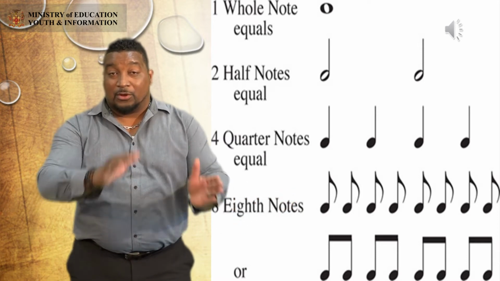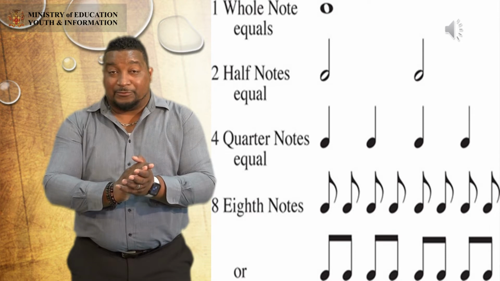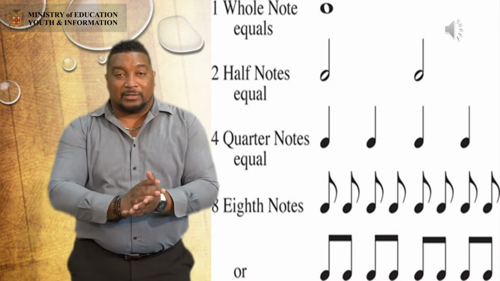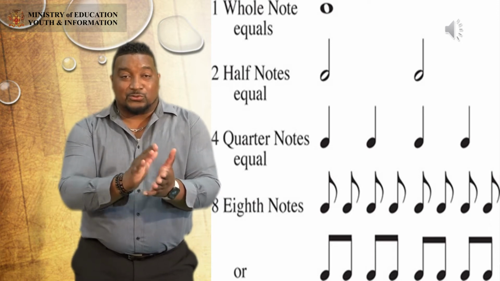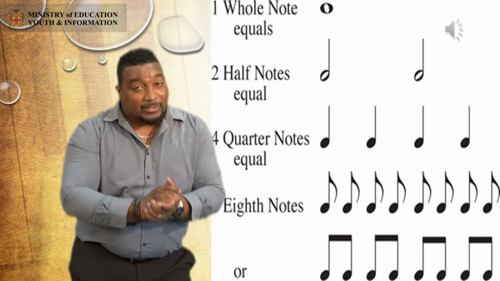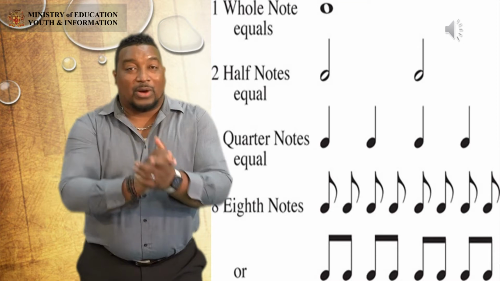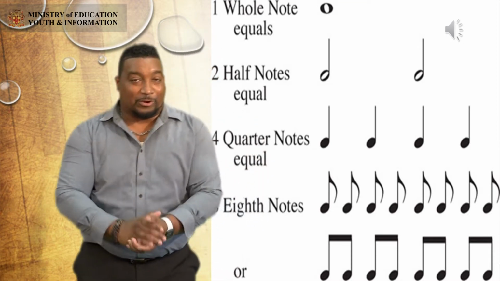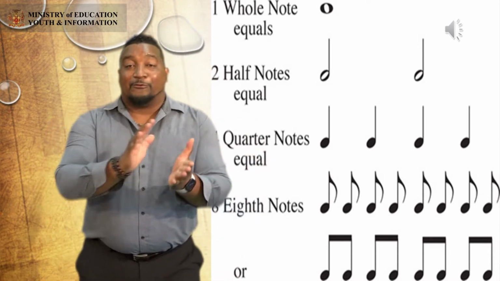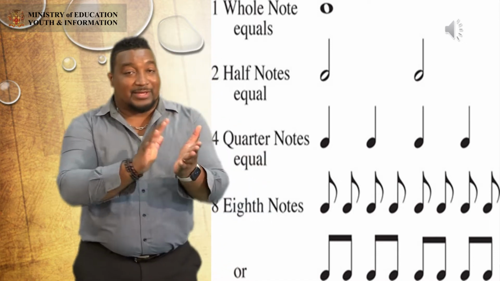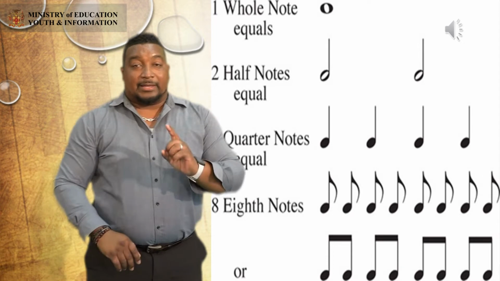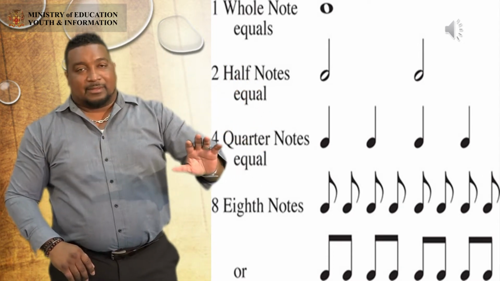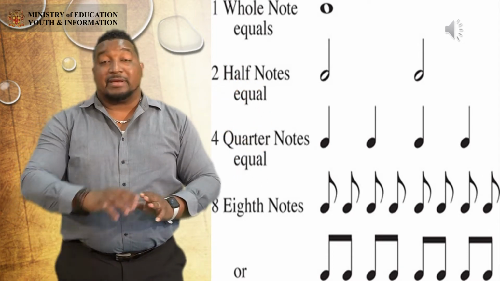So we go 1, 2, 3, half notes, 2, 1, 2, quarter, 1, 2, 3, and 8, and 1, and 2, and 3, and 4, and. Yeah, so you're clapping them, and with all of these, you can mix them.